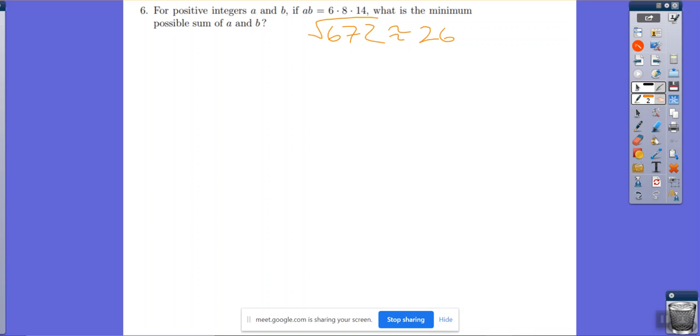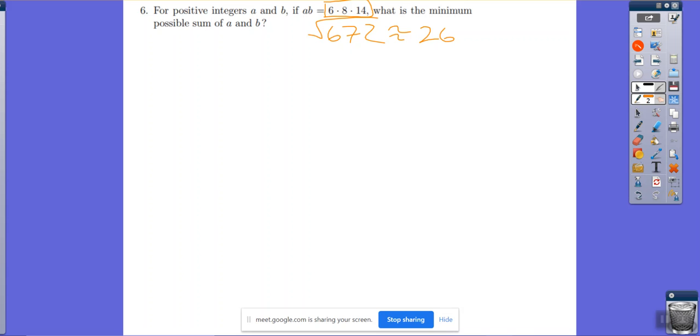So we know that we need factors that are close to 26. And I can't help but notice, looking at these numbers here, that 24 is going to be a factor of 672, because I can break 6 down into 2 times 3.